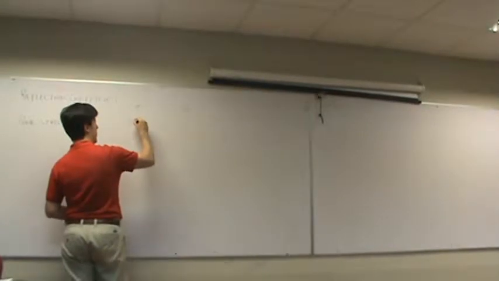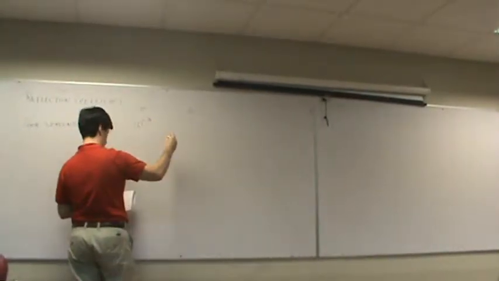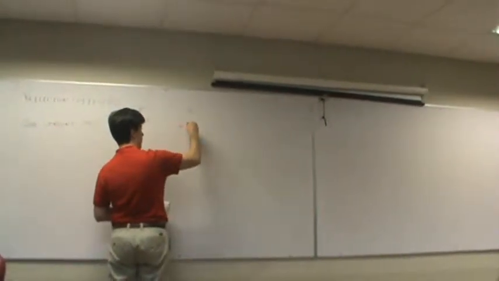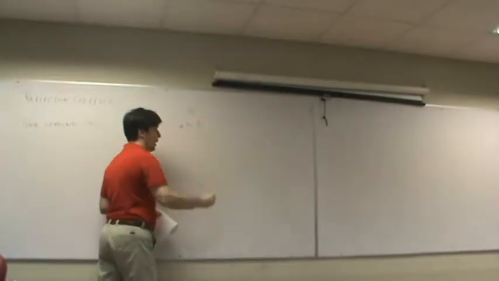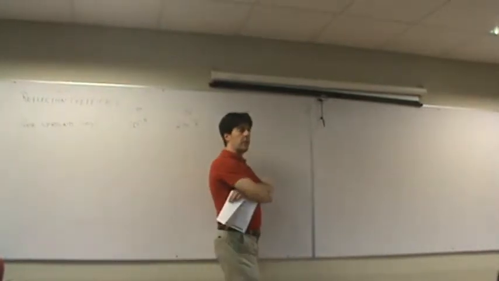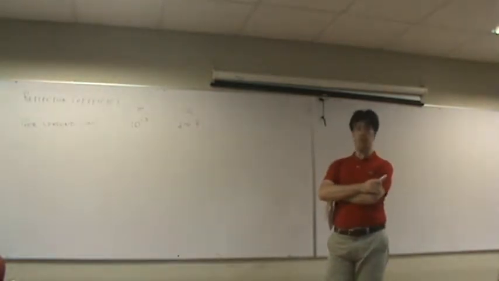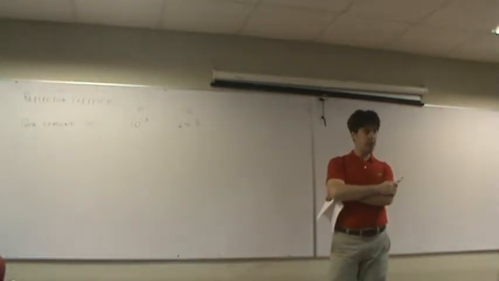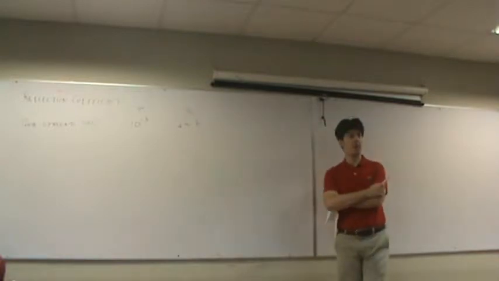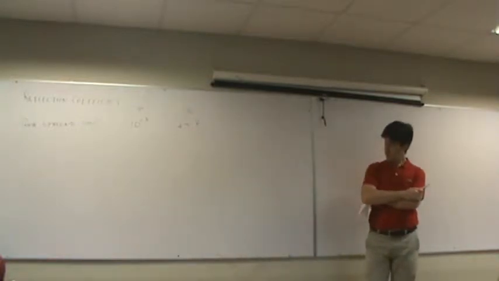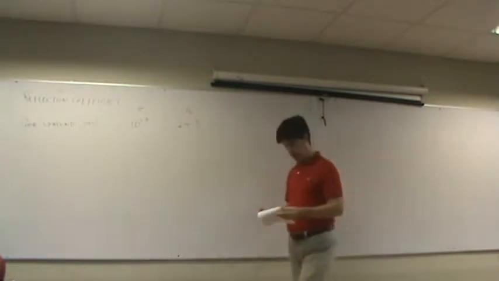And for this particular ground, the conductivity is 10 to the minus 3, and the relative dielectric constant is between 4 and 7. Those are standard values for this kind of ground.